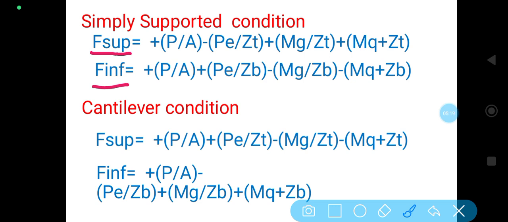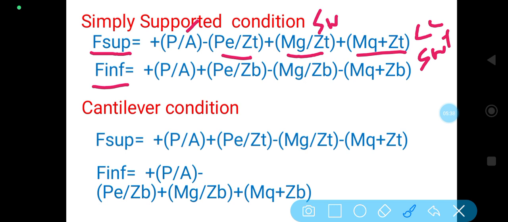By combining all the previous expressions, the first condition is P by A, the second condition is minus P e by Z_T, and plus M_g by Z_T, the third condition, that is due to the self weight, and lastly the live load plus self weight condition at the superior. Whereas F inferior is P by A plus P e by Z_B minus M_g by Z_B minus M_q by Z_B. So this is how we get the final resultant stress expression.